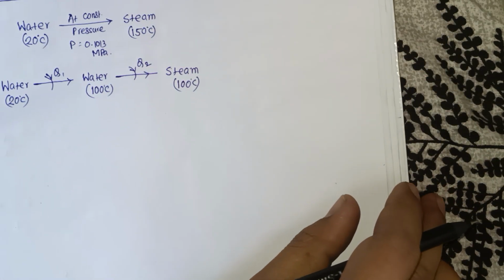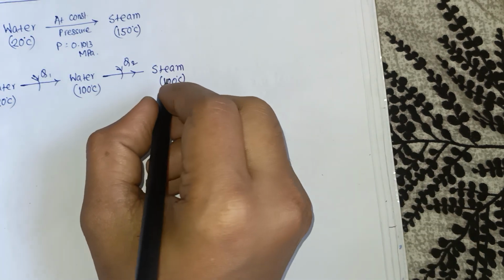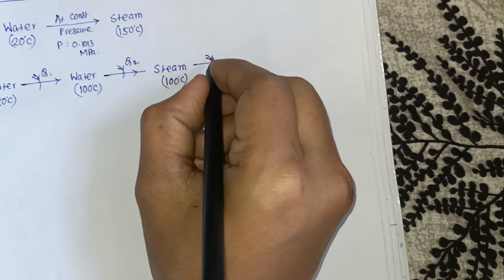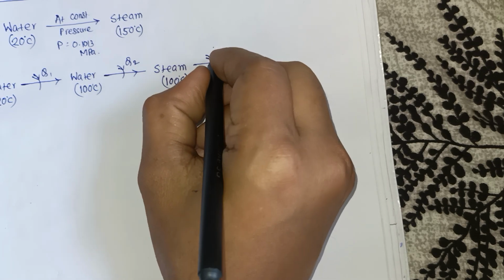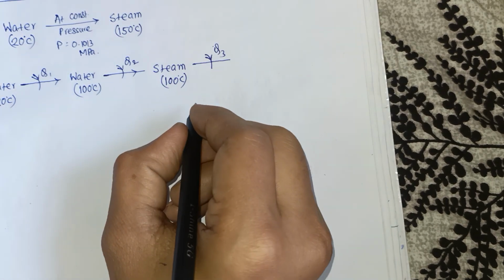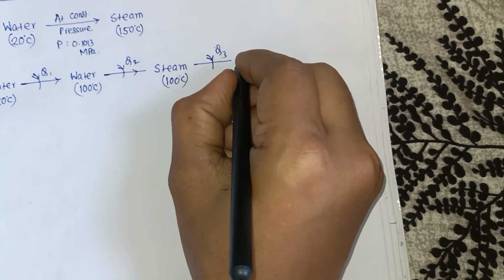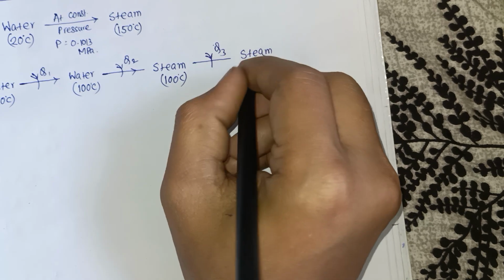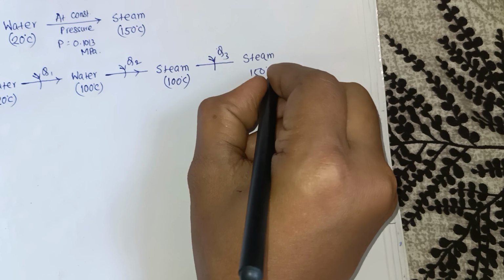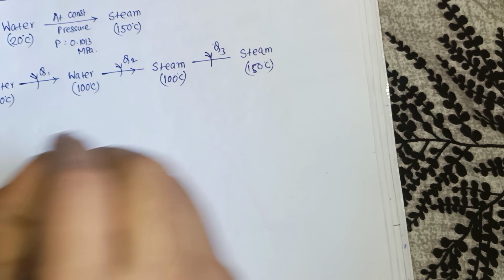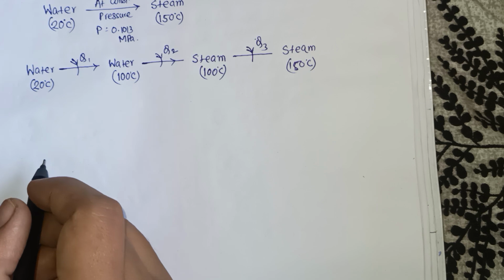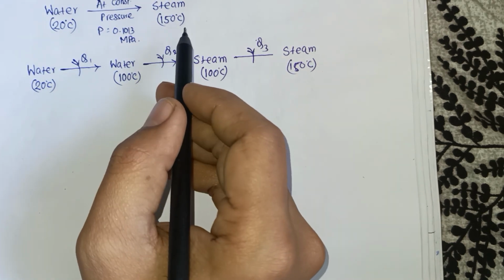After that, when you apply some amount of heat to this steam, suppose Q3, it becomes superheated steam at 150 degrees Celsius. In this way you can convert 20 degrees Celsius water to 150 degrees Celsius steam.